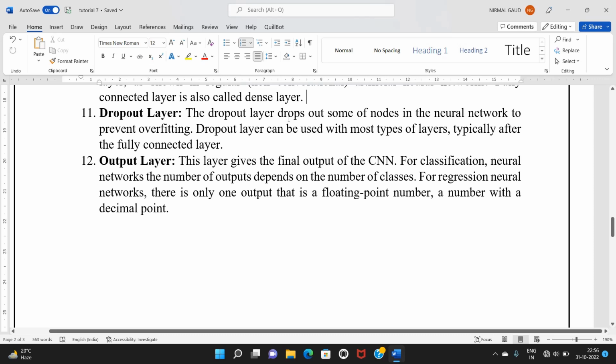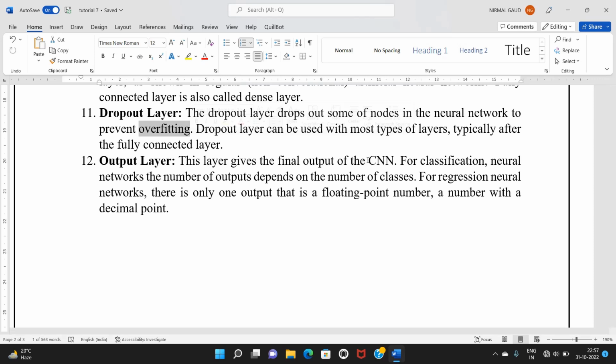I need to drop some of the nodes if it is not required to consider all of them, because considering those nodes pushes your accuracy higher, which will result in overfitting of the model. So in that case, I need to drop some of the nodes or neurons. We are not going to consider them, and for that purpose we use a dropout layer.